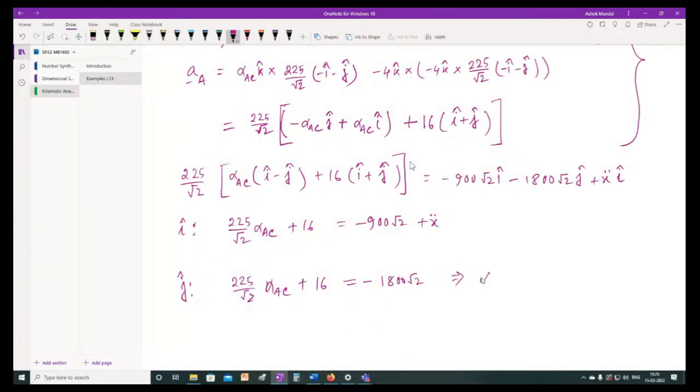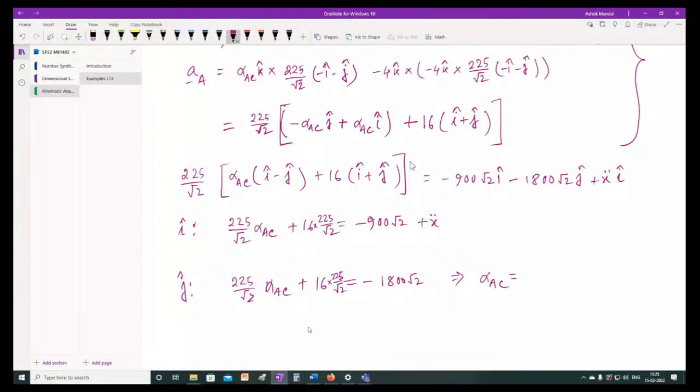Can you please calculate this alpha AC and tell me its value? You have to multiply this with 225 by root 2, there also we have 225 by root 2, right?